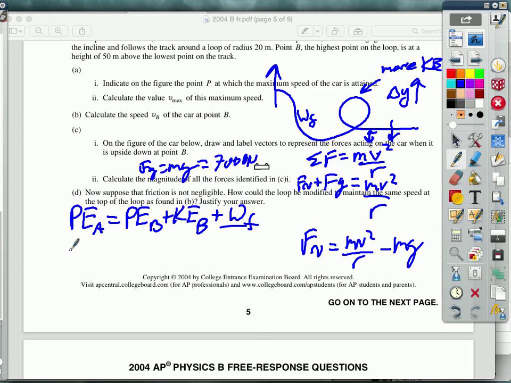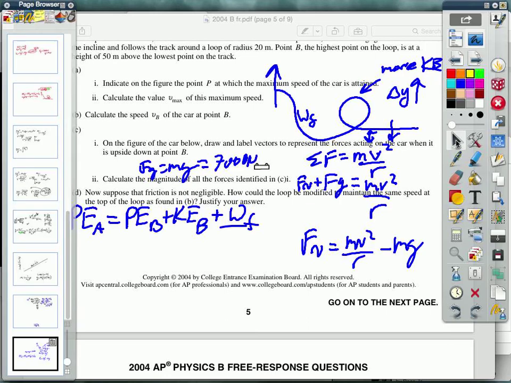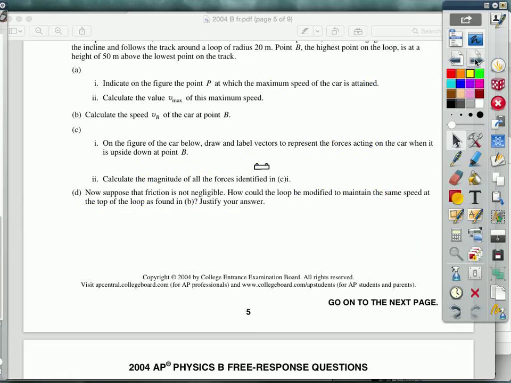So if I solve all this out, I'll get some final velocity statement in which the work done by friction is subtracting from the kinetic energy, and therefore I have to increase my potential energy to get that kinetic energy to be high enough. There you go. All right, that's it.